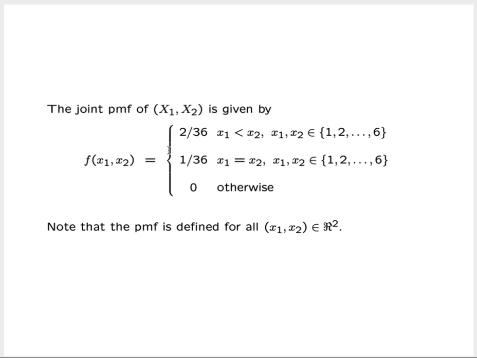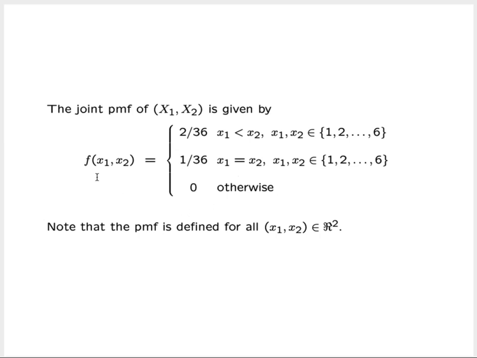It evaluates to 2 over 36 if we evaluate it at a point where x1 and x2 are both in 1 through 6, but x1 is strictly less than x2. And the PMF evaluates to a value 1 over 36 if x1 and x2 are both in the set 1 through 6, but x1 is equal to x2.